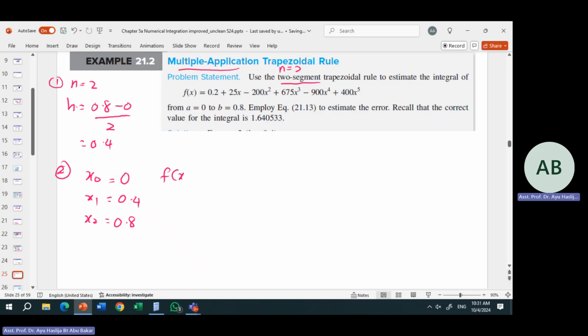Okay, find your f-axis by sub the x value into the main function. Okay, this is your main function, so sub your x over here. You know how to set the equation in the calculator so that you can calculate faster.